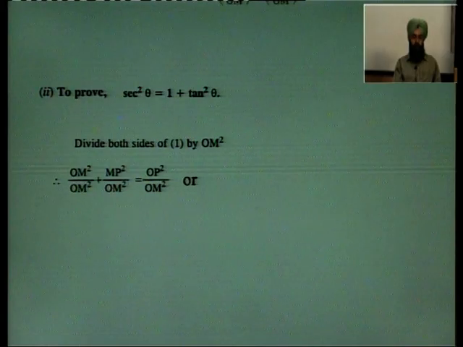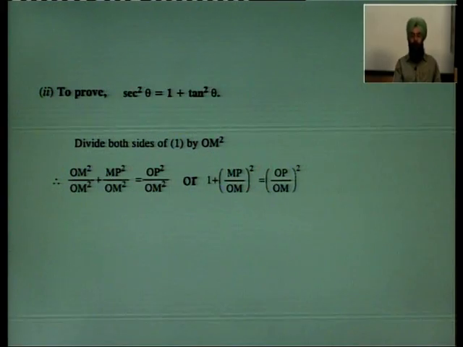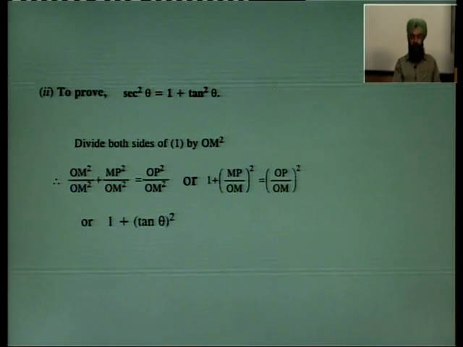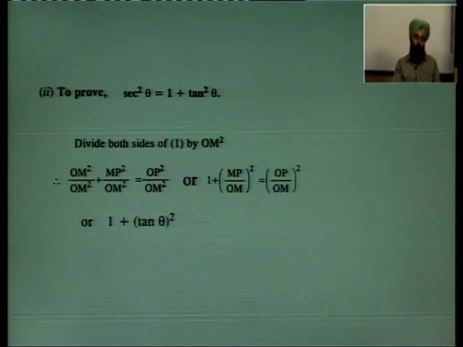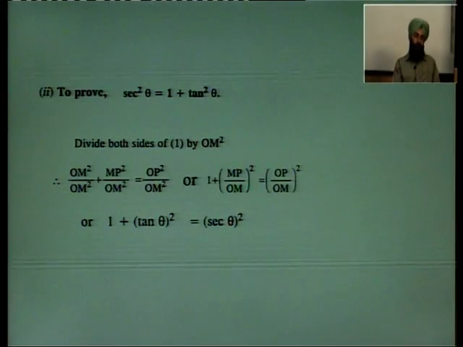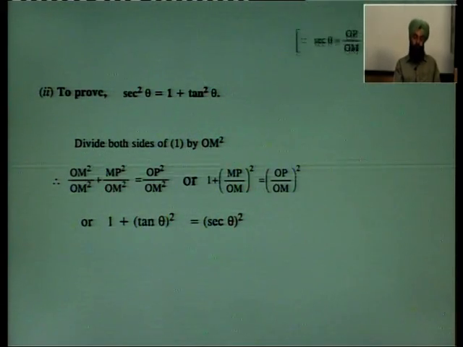OM square by OM square is 1, so 1 plus MP by OM whole square is equal to OP by OM whole square. MP by OM by definition is tan theta, and OP by OM is secant theta. So, it is 1 plus tan theta whole square is equal to secant theta whole square.